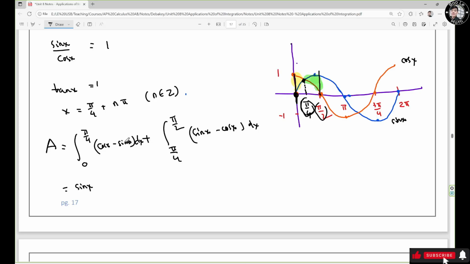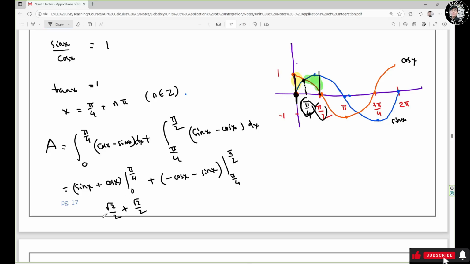The antiderivative of sine is negative cosine, and you have a negative sign here, so it becomes positive cosine, evaluated from 0 to pi over 4, plus the antiderivative of sine s, which is negative cosine s, and the antiderivative of cosine s is sine s, so it's negative sine s right here, evaluated from pi over 4 to pi over 2. Now substitute pi over 4 for s: sine pi over 4 equals root 2 over 2, and cosine pi over 4 is root 2 over 2.